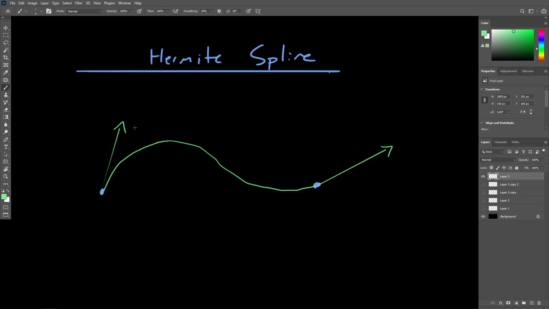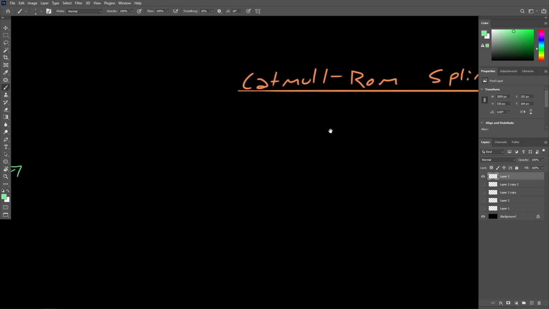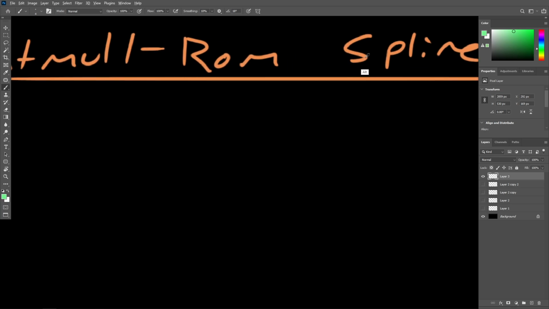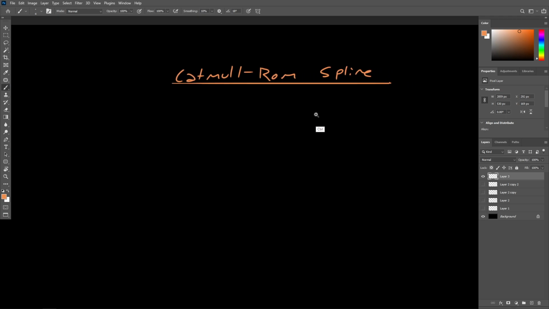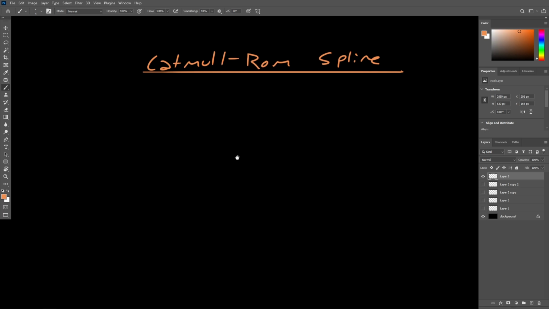However, with the Hermite Spline, we are also able to control the shape of the curve using these vectors at each point. And if we were to connect a whole bunch of Hermite splines together, we would end up with what we call the Catmull Spline, named after its creators.